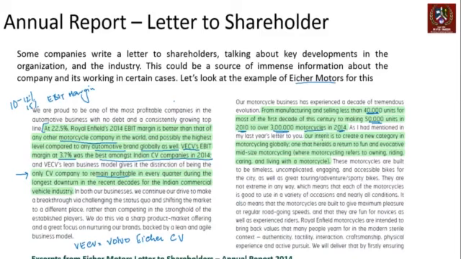What they also say is their intent is to create a new category in motorcycling globally, one that heralds a return to fun and evocative mid-sized motorcycling, where motorcycling refers to owning, riding, caring, and living with a motorcycle. Now, two points here. One, their growth in motorcycles is significant.